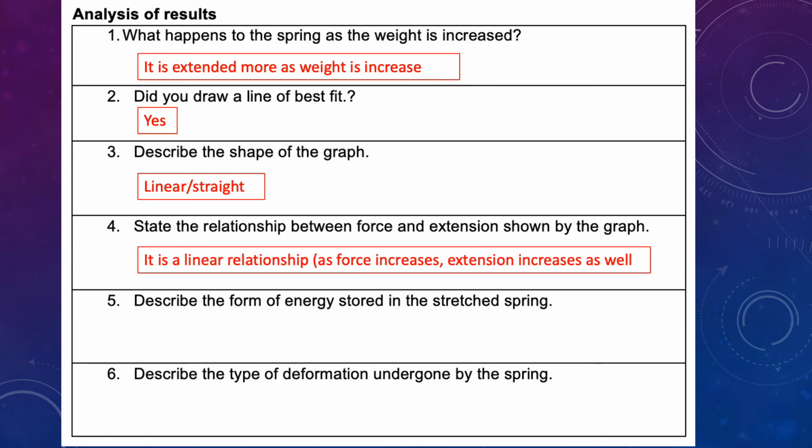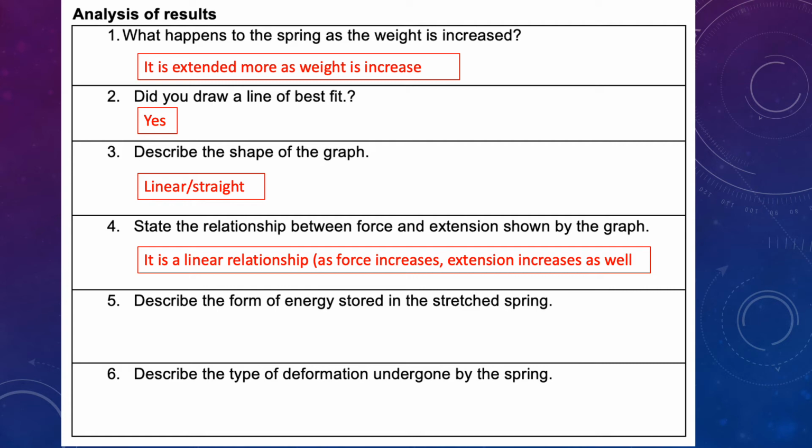Well, we can say that it's a linear relationship, which means that as one increases, so does the other. In this case, as force increases, as we go from 0 to 1 to 2 to 3, your extension increases as well. This is actually what's called a proportional relationship, or we can say that force is proportional to extension, because we can conclude from the graph that as one increases, so does the other.